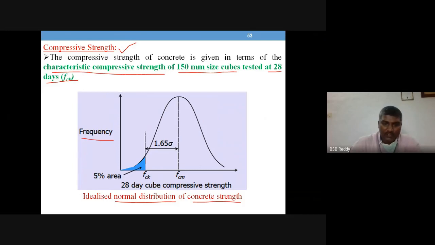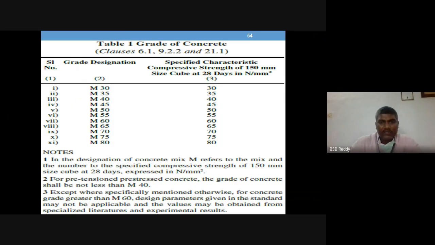The table in clause 6.1, 9.2.2, and 21.1, Table 1, gives you the grades of concrete available for preparation of pre-stressed concrete.